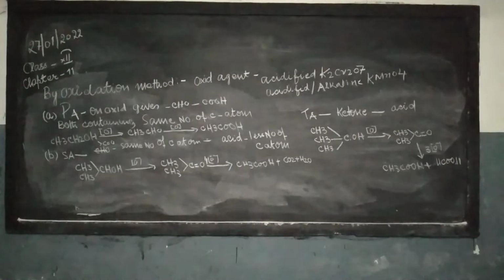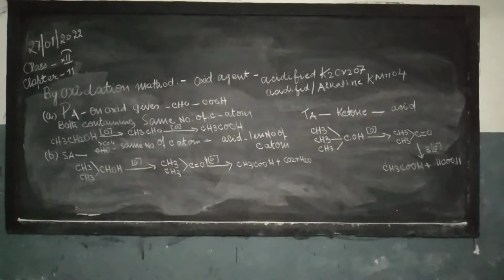The equation is CH3CH2OH. CH3CH2OH on oxidation gives aldehyde CH3CHO, acetaldehyde, and then on further oxidation it gives acetic acid. Please check.